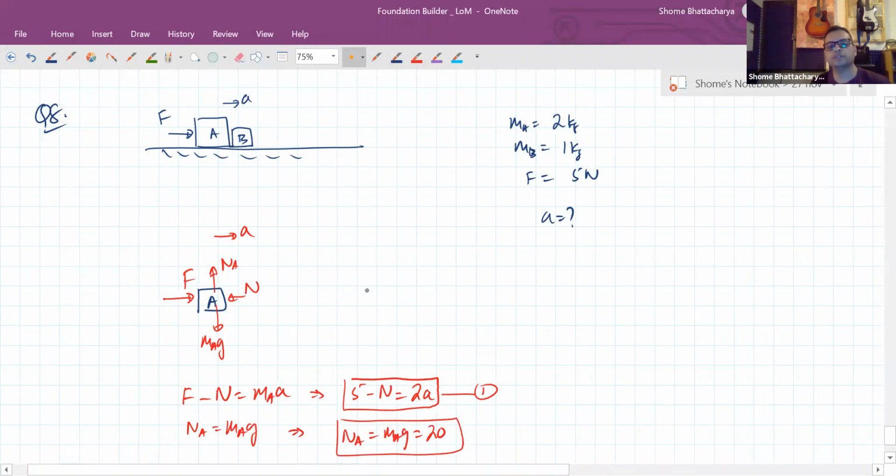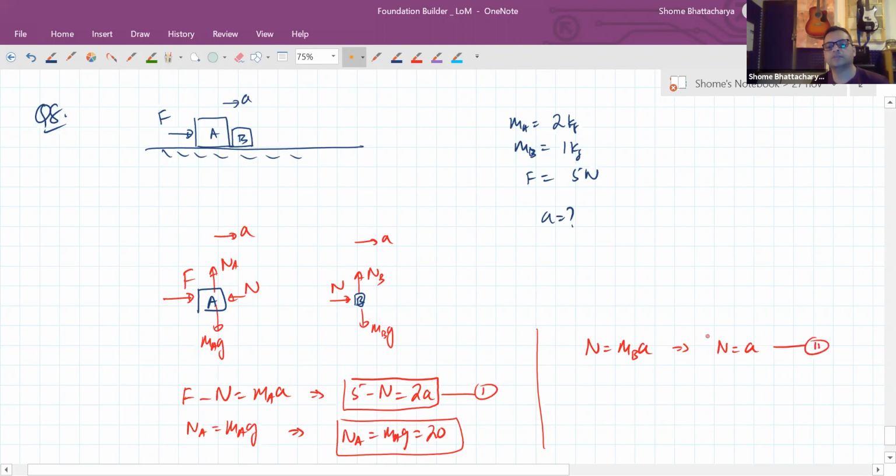Now similarly, look at the free body diagram of block B. There's only one horizontal force acting on it, that is this normal reaction, and it also has the same acceleration. So for B, we have the equation N is equal to mass into acceleration, that means N is equal to 1 into a.